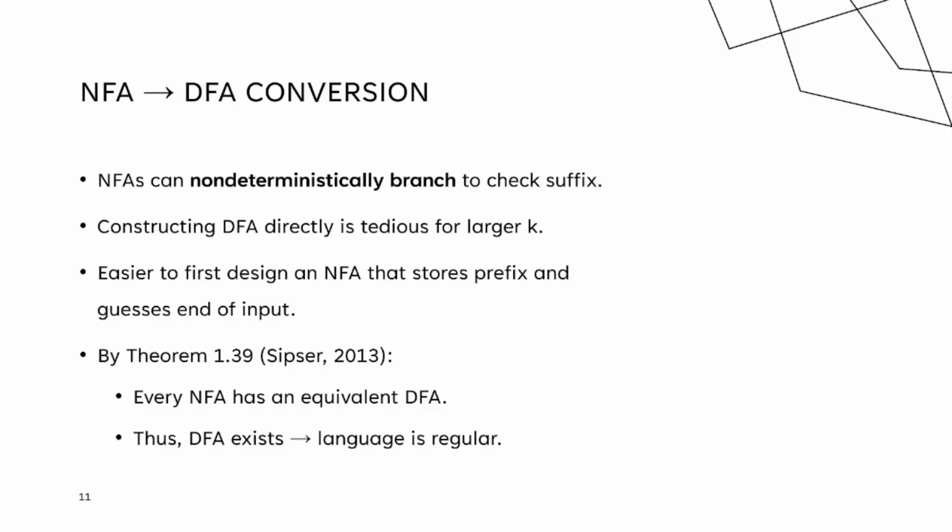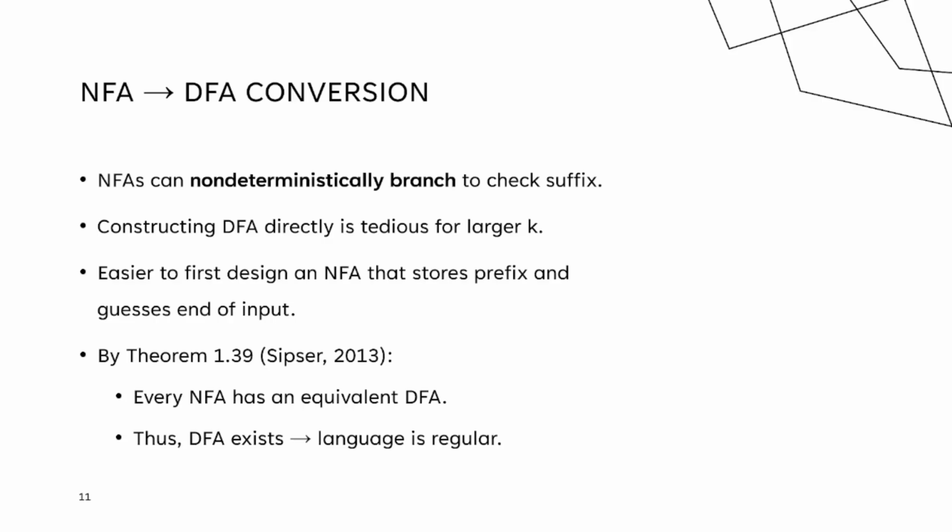Here I'll be talking about the conversion of NFA to DFA, why it is important and why we should do so. Building a large DFA could be a bit difficult, so we start by solving the problem in terms of an NFA. An NFA has the ability to branch non-deterministically, which means it can start checking the suffix at the right position without remembering everything.